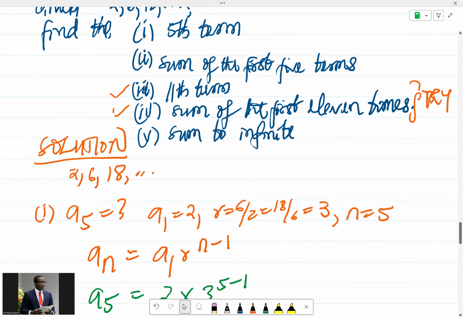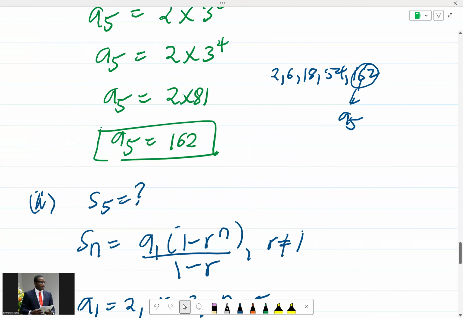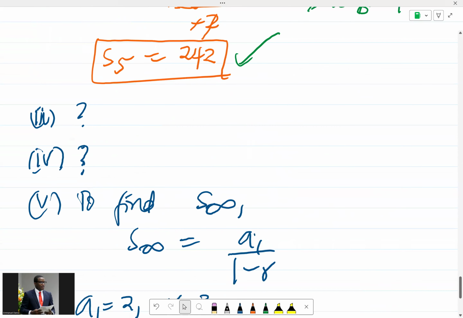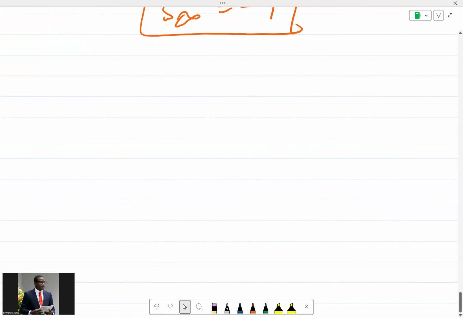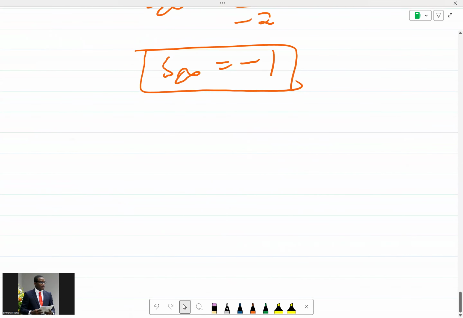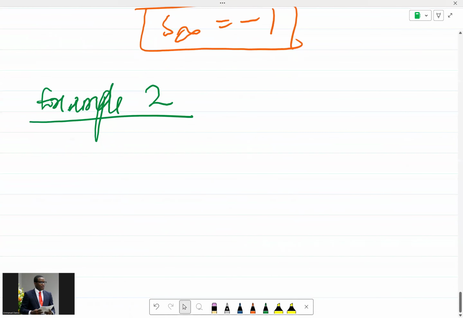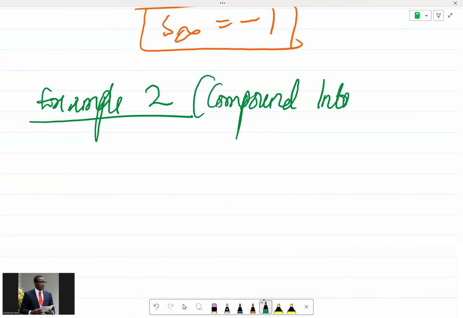So let me take example 2, which will be a practical example about compound interest, because that's one very good area of application. Example 2 now, talking about compound interest.